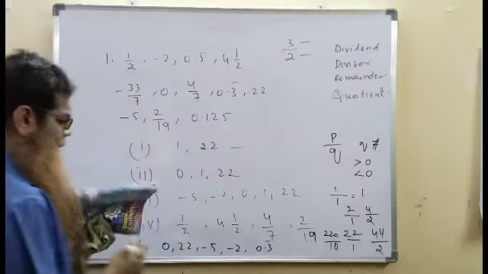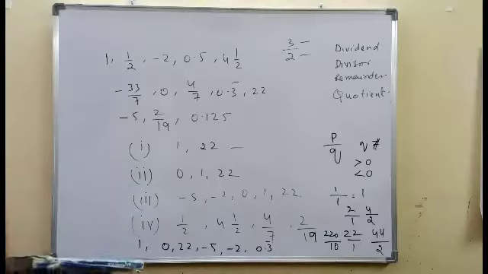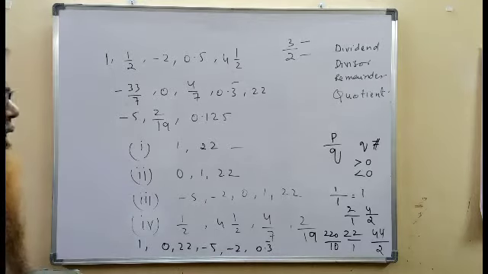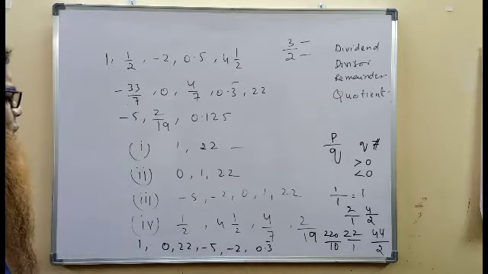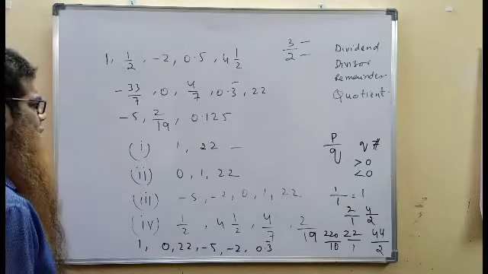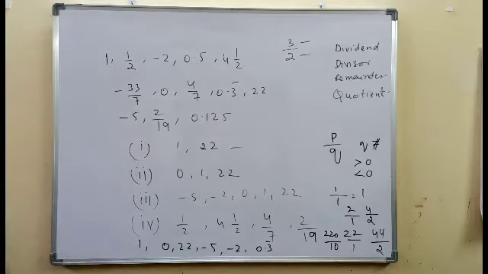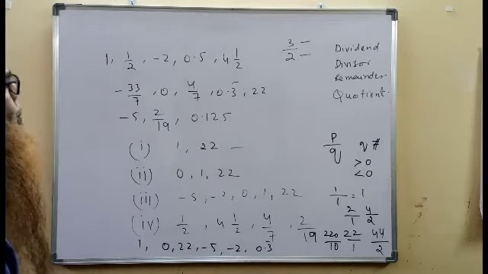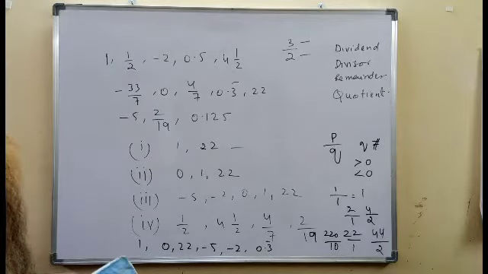Even 0.3 bar can be written as 0.3333, or 0.33 divided by 10, 0.333 divided by 100, which is 1 by 3. So this is an example of a rational number.